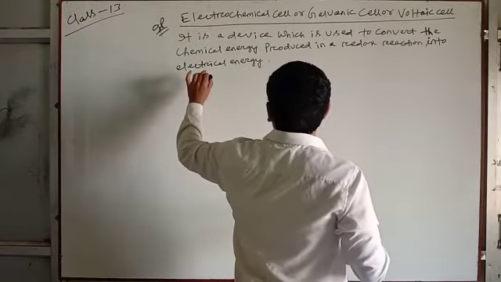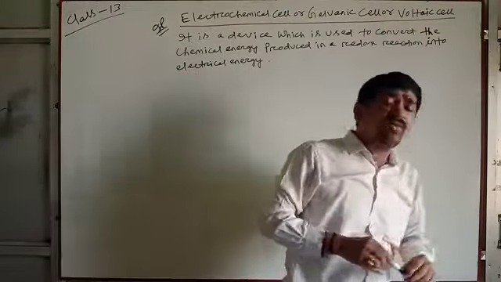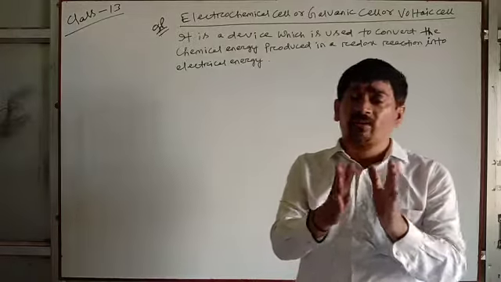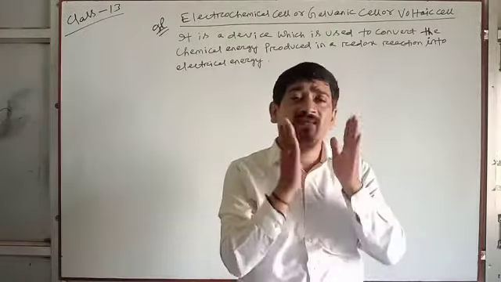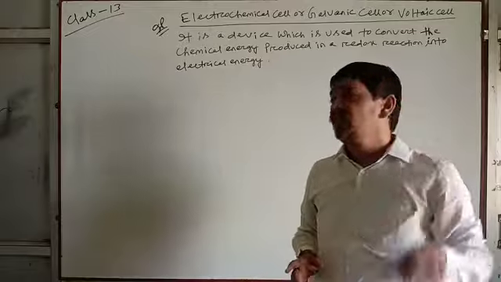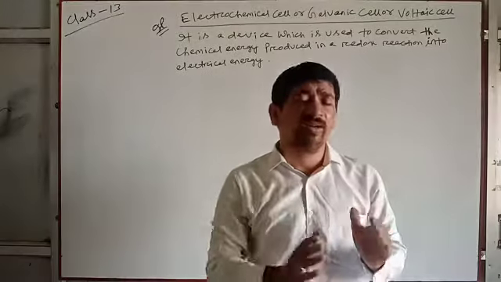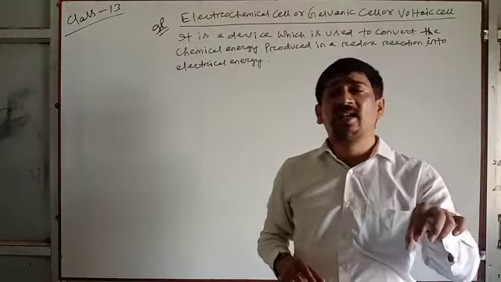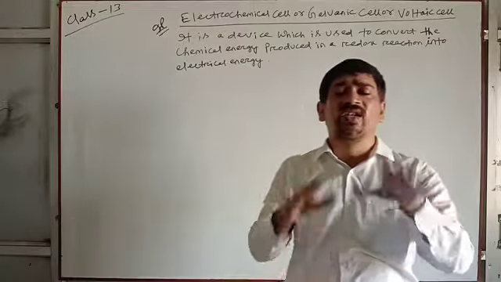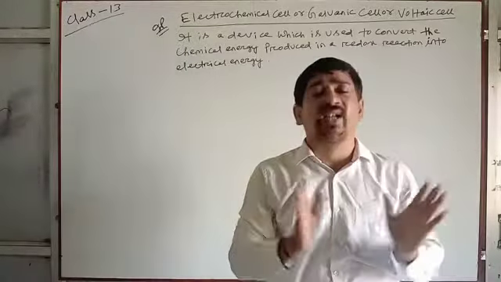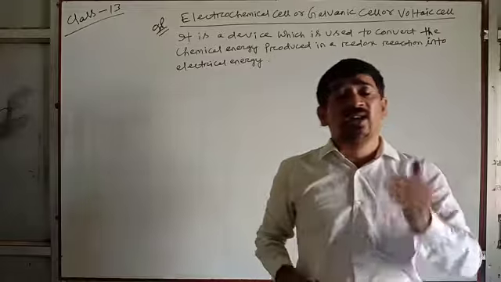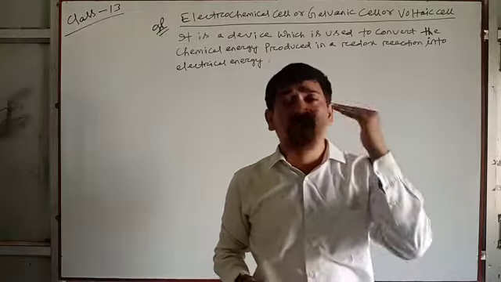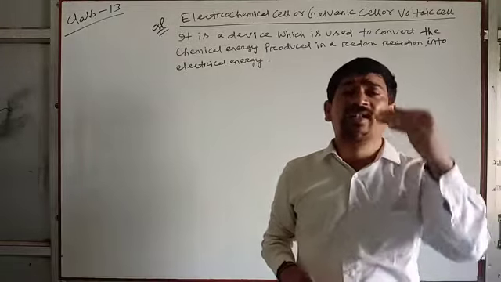In the first class in electrochemistry I already mentioned what a redox reaction is. A redox reaction is a chemical reaction in which both oxidation and reduction take place simultaneously.